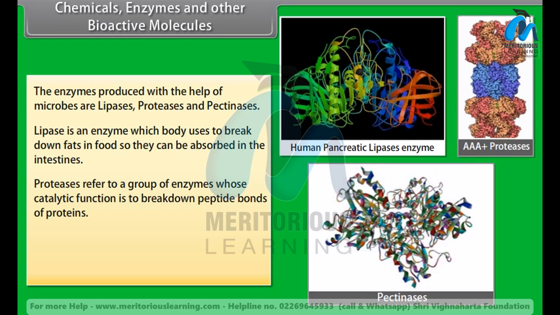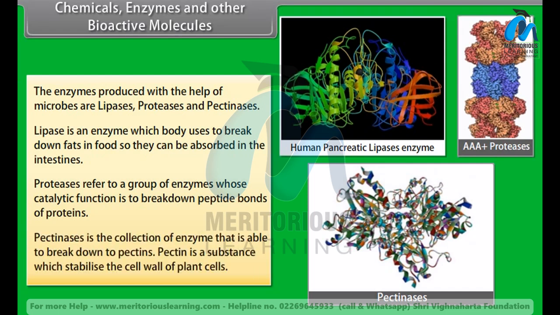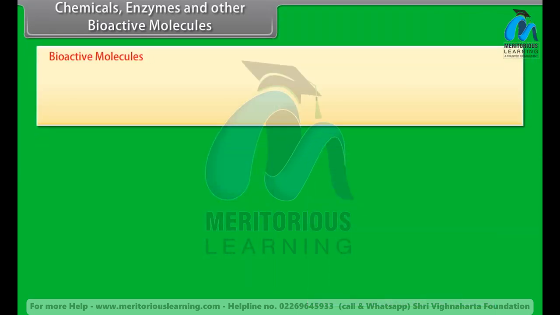whose catalytic function is to break down peptide bonds of proteins. Pectinases are a collection of enzymes that are able to break down pectins. Pectin is a substance which stabilizes the cell wall of plant cells. Bioactive molecules.